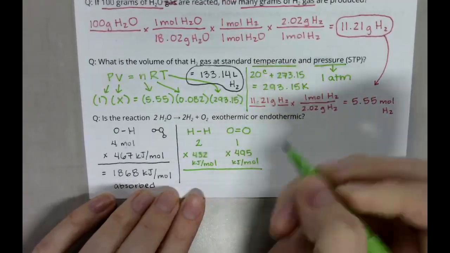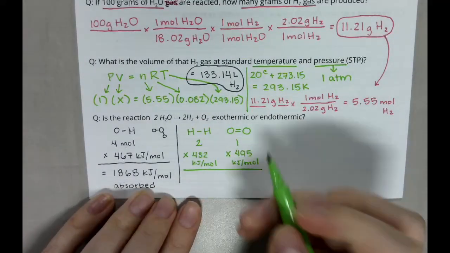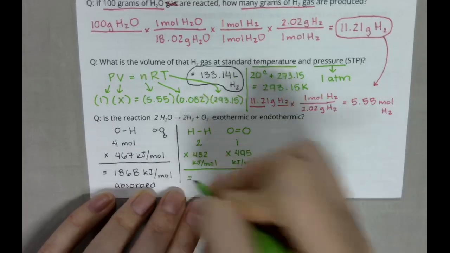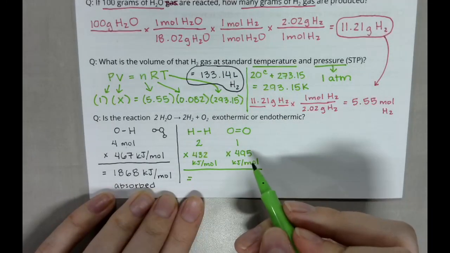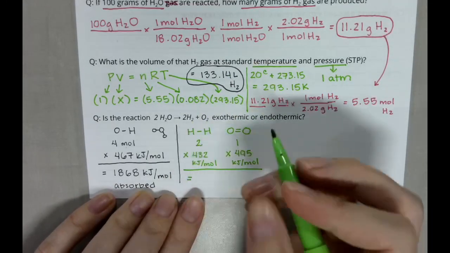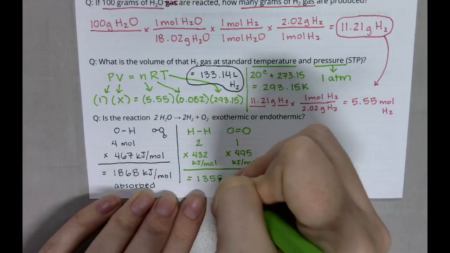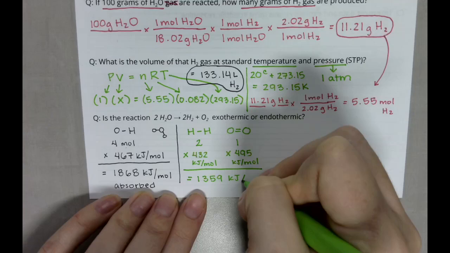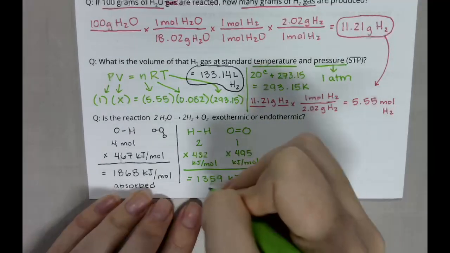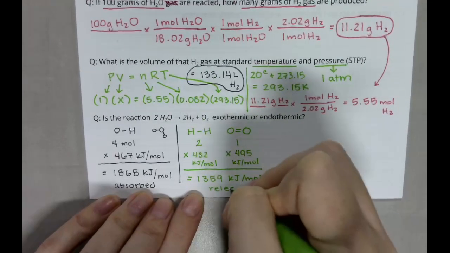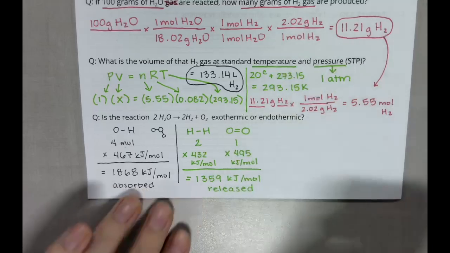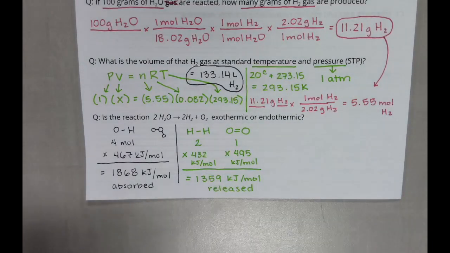When we add those all together, this side plus this side is going to be, if you got this wrong, pause it, try it again. When we add them all together, we're going to get 1,359 kilojoules per mole of energy released. Yeah, folks, this is bad news.